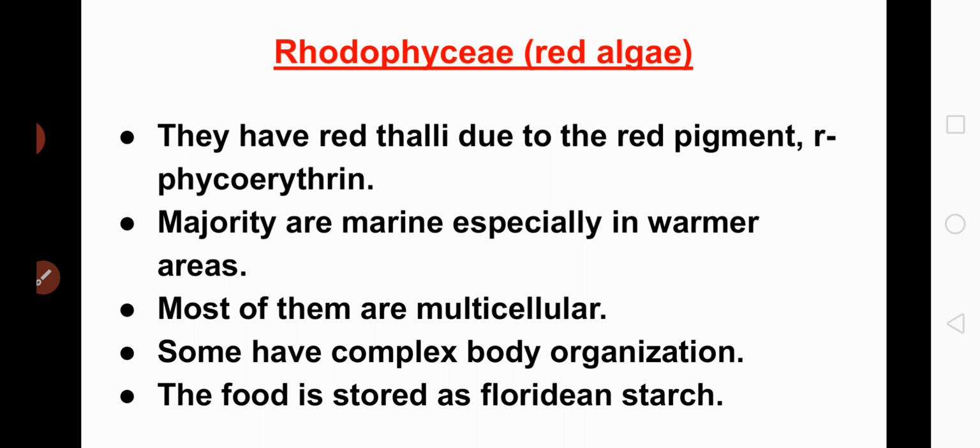The majority of the Rhodophycean members are marine, especially found in warmer areas, and most of them are multicellular and some have complex body organization. And food is here stored in the form of Floridean starch. It is also a form of complex carbohydrate.